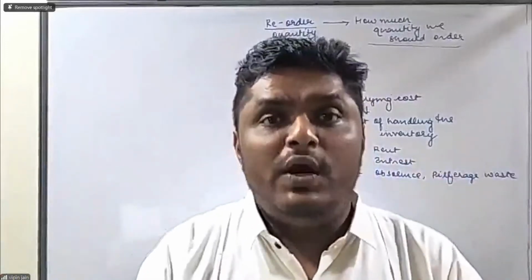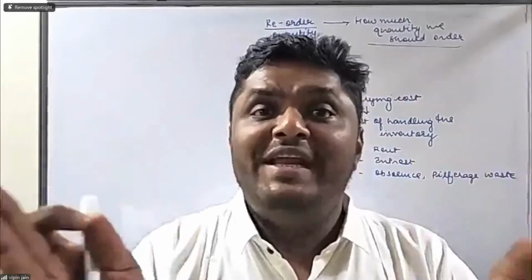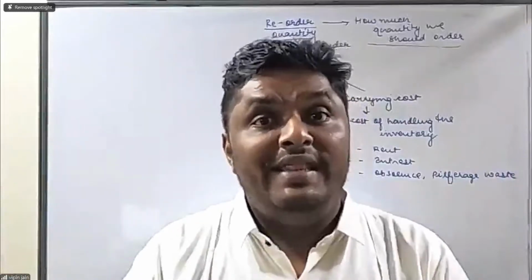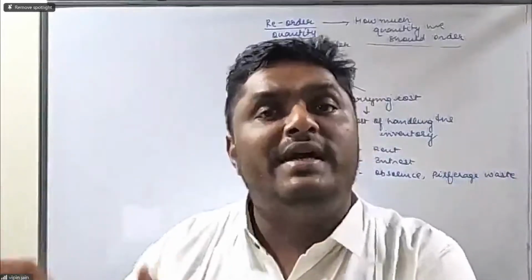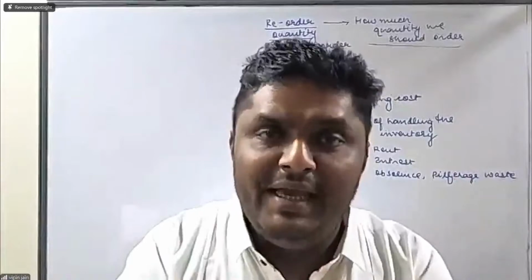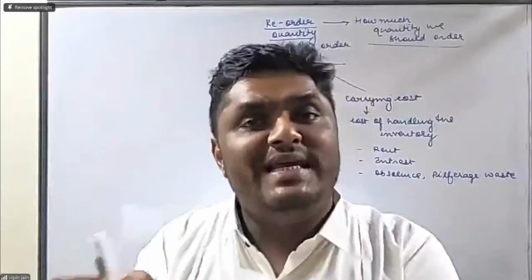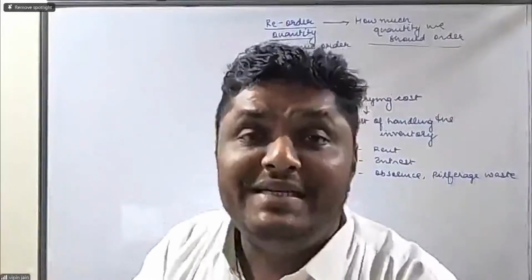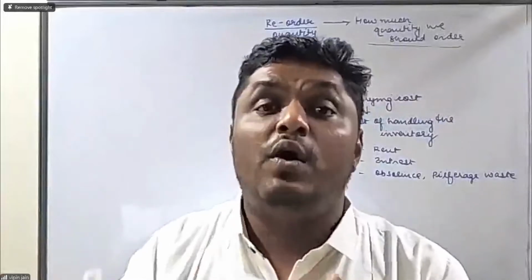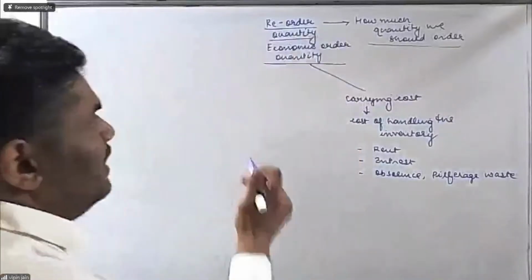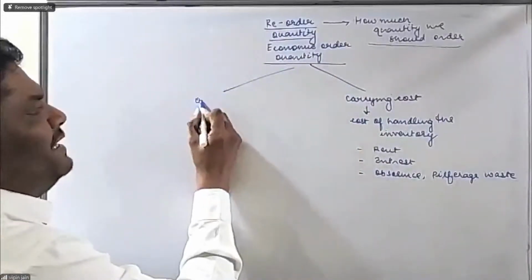But guys, do make a note of it that every time we place an order, there are separate set of costs that are incurred. I repeat again, every time we place an order, there are separate set of costs that are incurred. We call it as ordering cost.